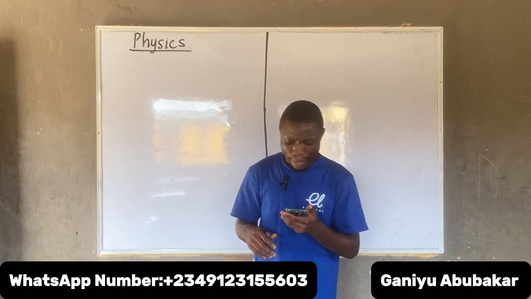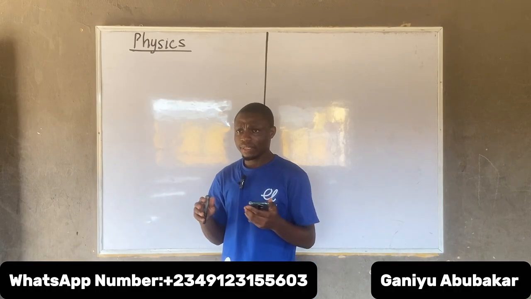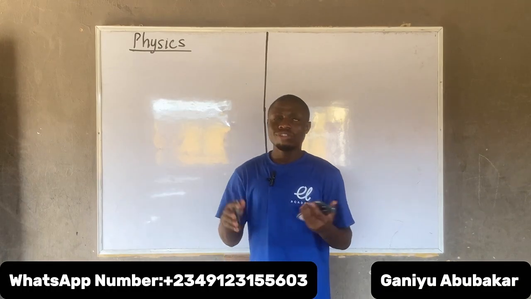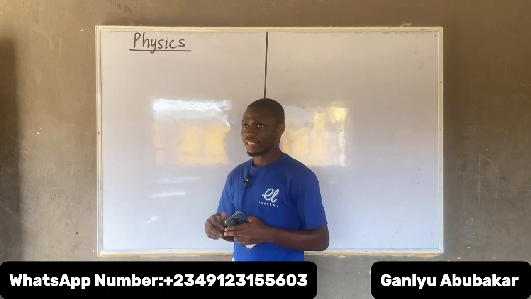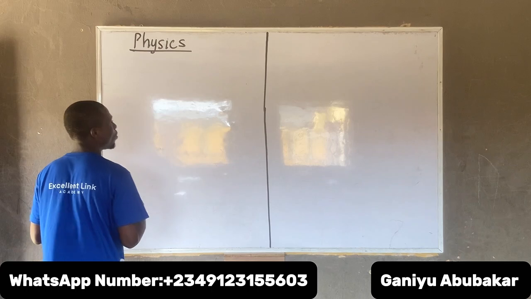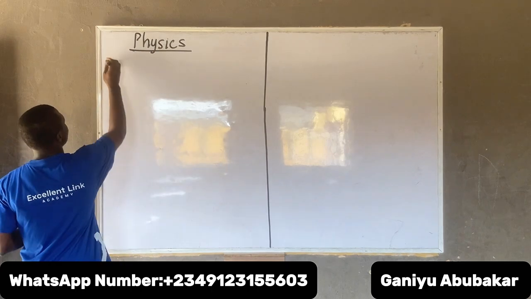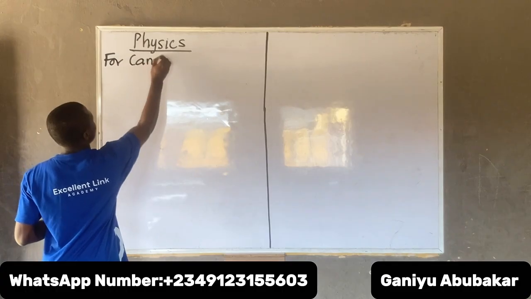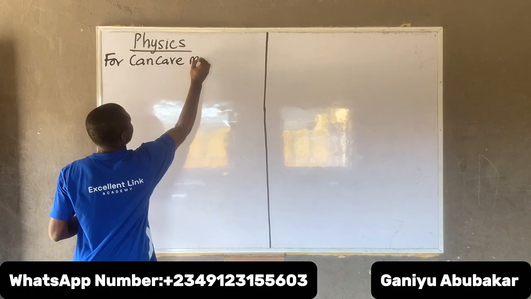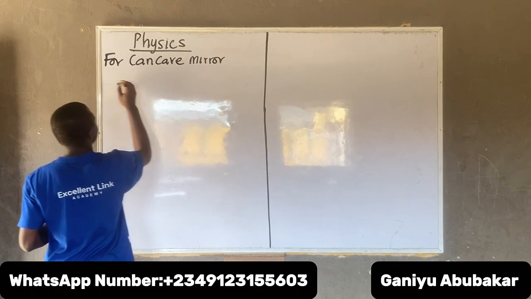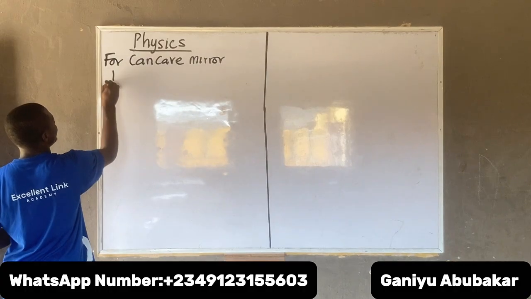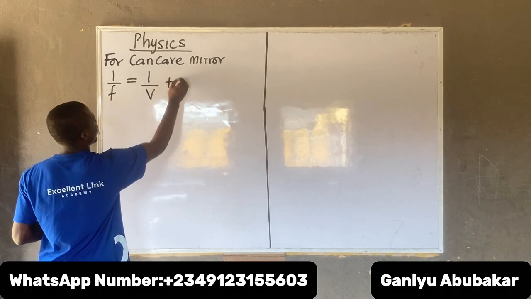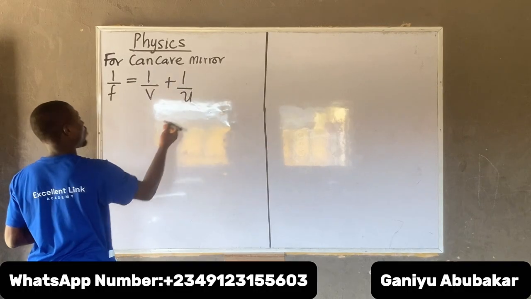Before I move on, let's recall some concepts we learned in our last class. For the concave mirror or concave lens, the formula is given by 1 over f is equal to 1 over v plus 1 over u, or 1 over u plus 1 over v.